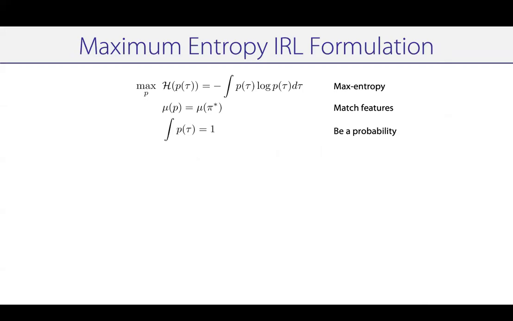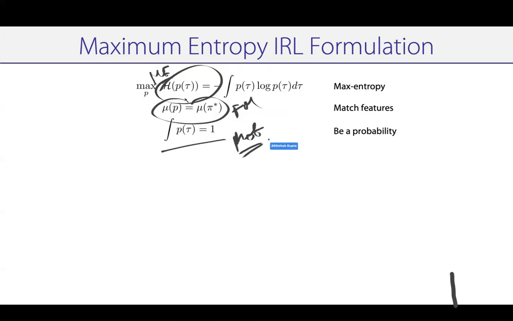So we said we want to find a probability distribution P of trajectories which matches the expert. But because that's ambiguous, you want to find the highest entropy distribution of trajectories. So you want to maximize the entropy while matching features to the expert. And so the first term is maximizing entropy. The second term is feature matching. And then the last one is just a valid probability distribution. And so that's our basic objective for max ent.